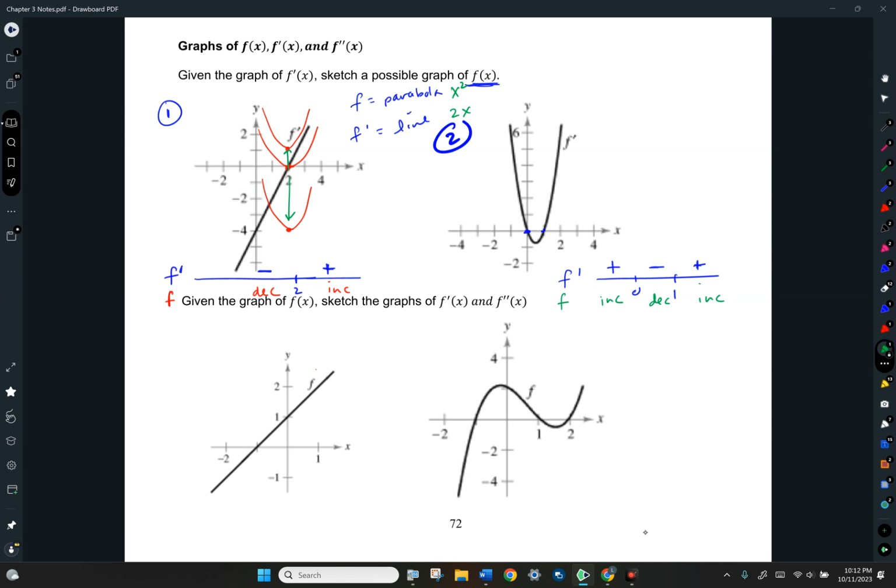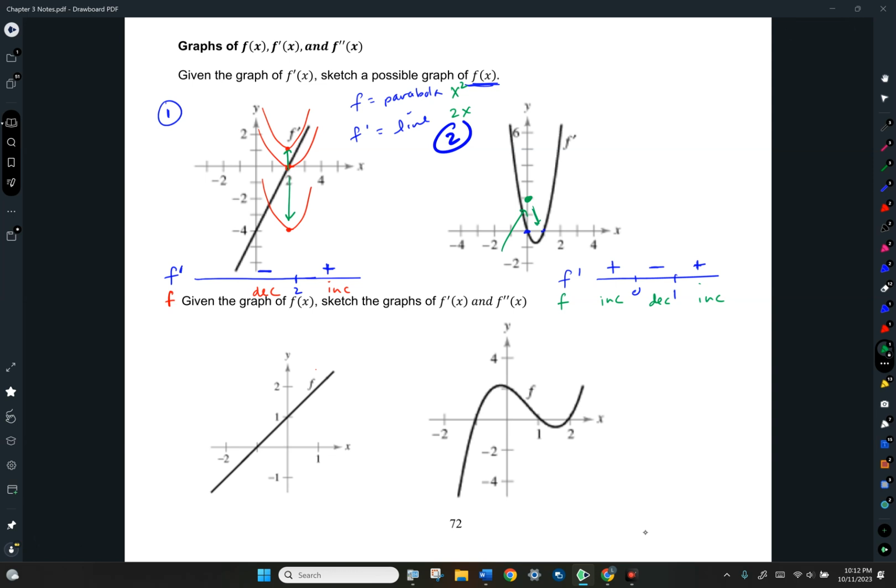So at x equals 0, I don't know where along that vertical translation, I'll say right here, the original function goes from increasing to decreasing. And then I'm decreasing towards 1.